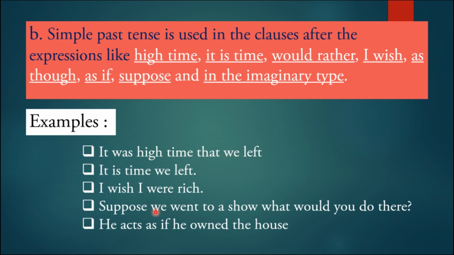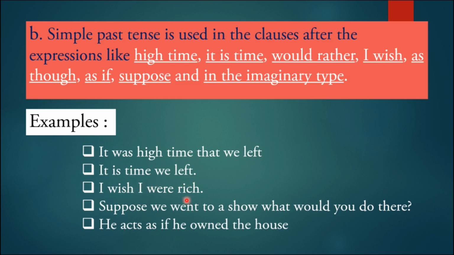Look, whenever you observe the clause "it was high time," you can use simple past tense, subject followed by V2. The second example, it is time we left. I wish I were rich.